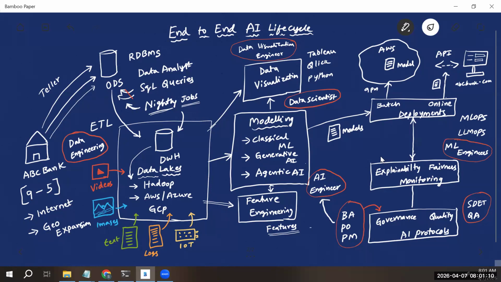So what role should I choose as a fresher? The best role is AI engineer. This role, AI engineer role. All right. There are some other questions. If somebody is starting fresh, getting into a data engineer role and then to an AI engineer role, this pathway is also very solid.